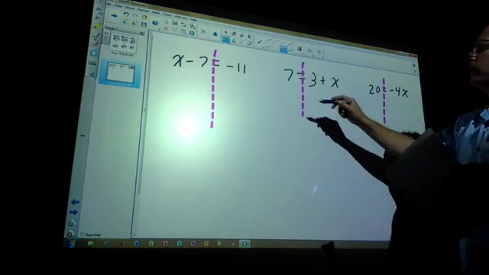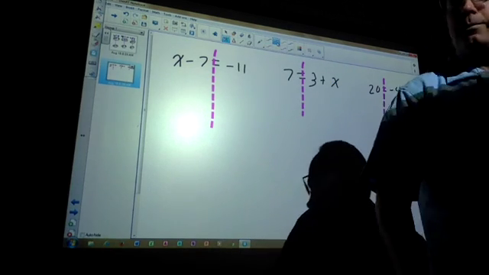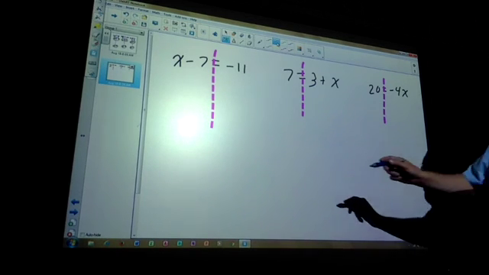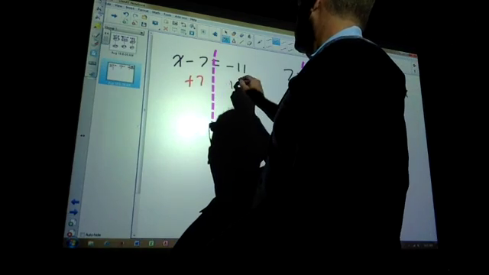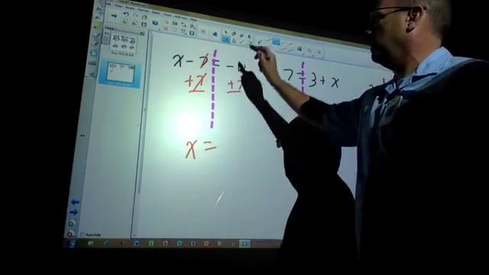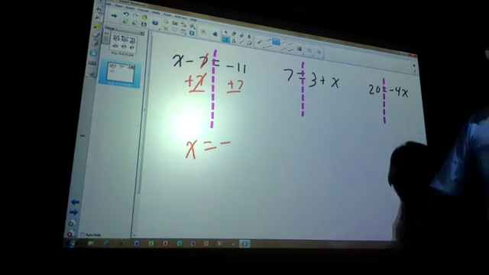That represents our equal sign. What we do on one side, we have to do the other. Agree? Okay. So x minus 7 equals negative 11. What should I do to both sides? I'm going to add 7 to both sides. That reduces, so my answer comes out to negative 11 added to 7. It's going to be negative 4. Good.